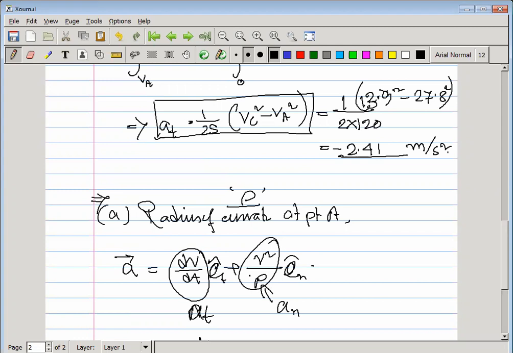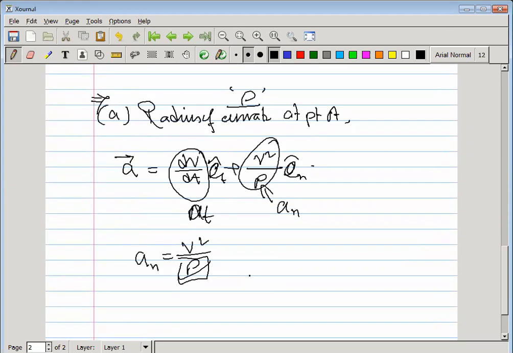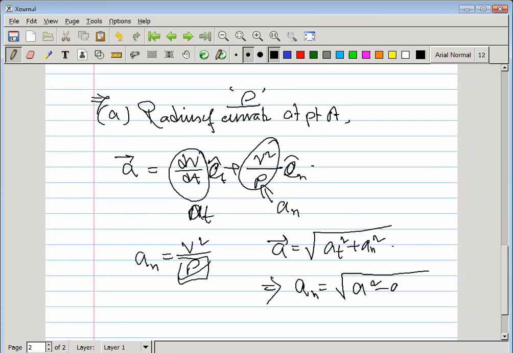To find the normal acceleration, the total acceleration is root over of at square plus an square, so an is root of a square minus at square, and you know the at is how much?